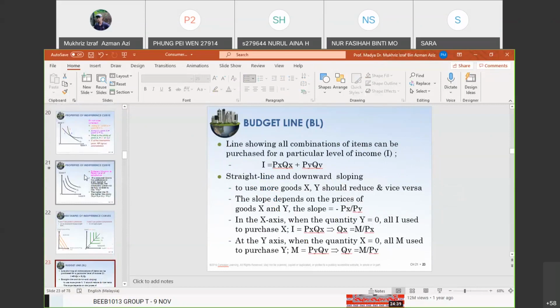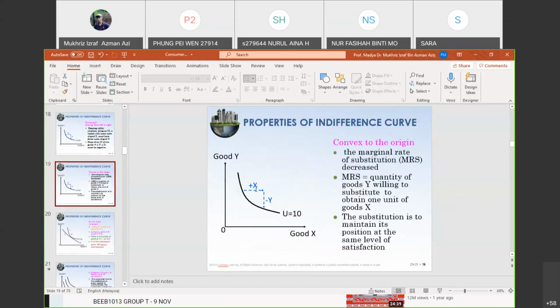So if I go back to this slide here, how do you calculate MRS? This part, the plus X, and this one is minus Y. So basically you are calculating the change in X, and this part will be the change in Y, because slope is about changes.